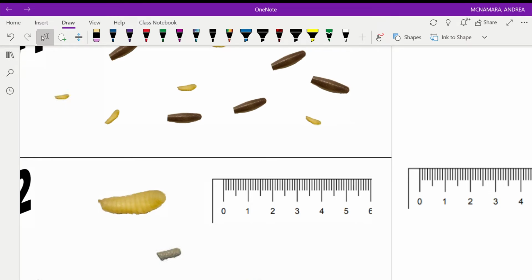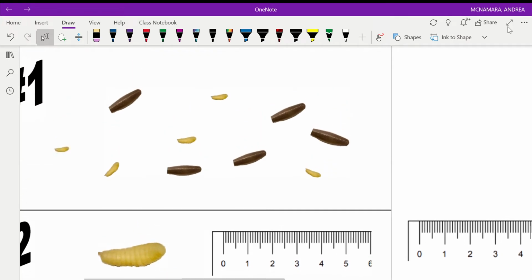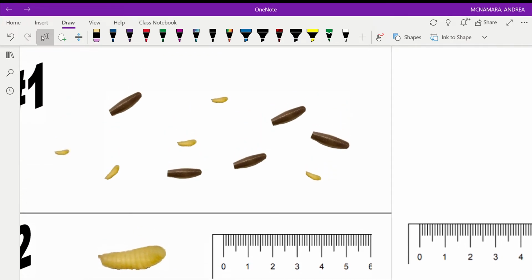Once you have scaled your page correctly, you can come up here and measure each of your larvae individually. You do need to measure them all individually. They can vary by as little as 1 millimeter, and that can make a difference of days in your calculation. So measure them as precisely as possible.